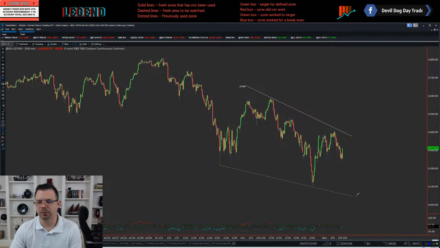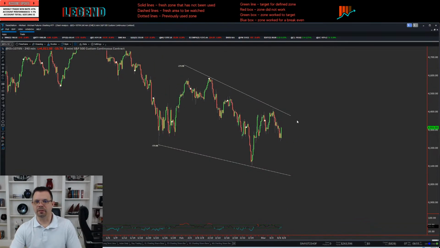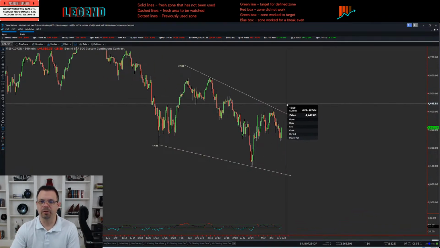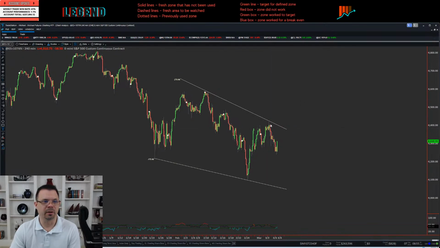So this is your channel, and as long as price stays in here, you continue this downtrend. If price breaks above here, now we've got a confirmed neutral trend, and then another high and another higher low, then we would have another uptrend again. That's when you want to get back on a long position here.